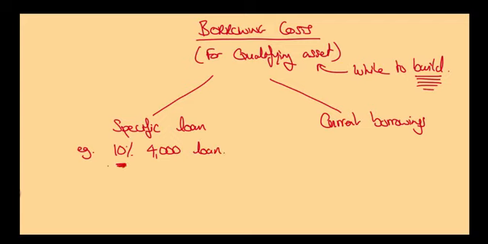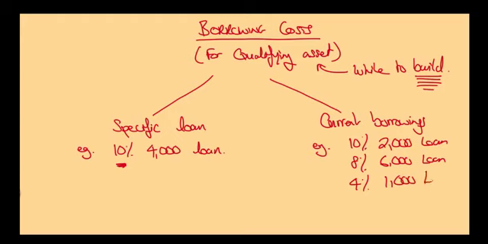With your current borrowings though, you might have a 10% 2,000 loan, you might have an 8% 6,000 loan, you might have a 4% 1,000 loan. Who knows what you might have in your current borrowings? And so what you've got to do is use the weighted average, okay?